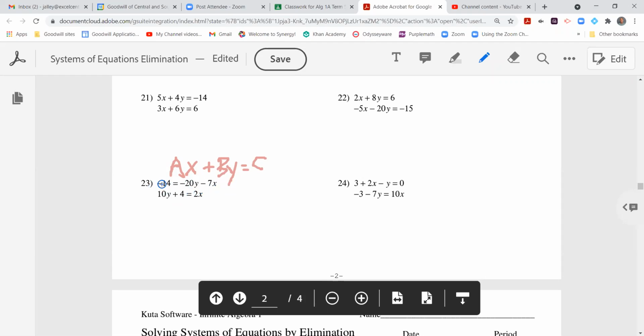Actually, this first one is kind of backwards in standard form. The x and the y are on the wrong side. The other one, if I flip the whole thing around, I would have -7x minus 20y equals -14. So that's this one.